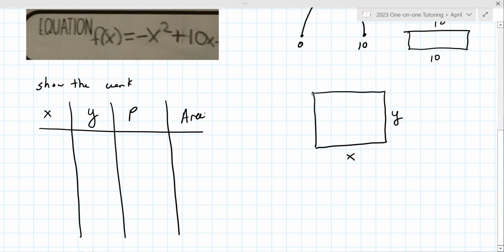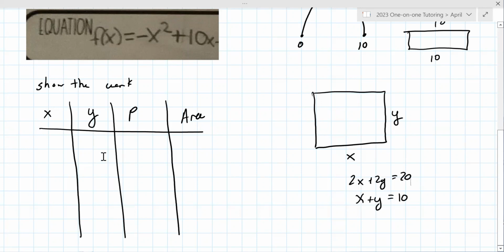Let me show you what I mean. Keep in mind that X plus Y has to equal 10. The reason is 2X plus 2Y equals the full fencing, so if you cut that in half, you get X plus Y equals 10.